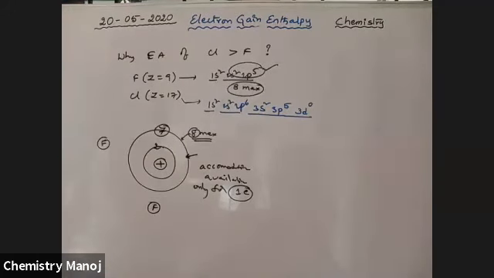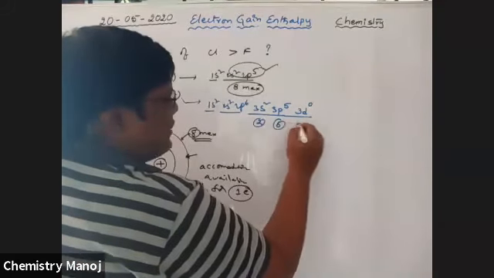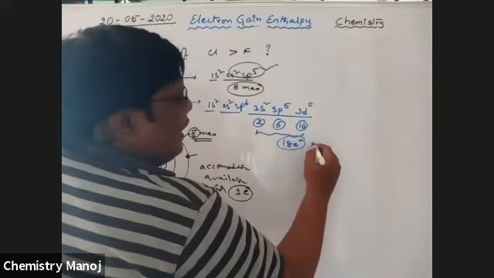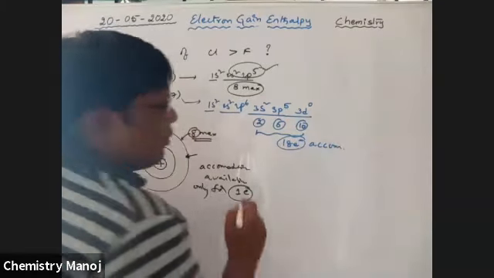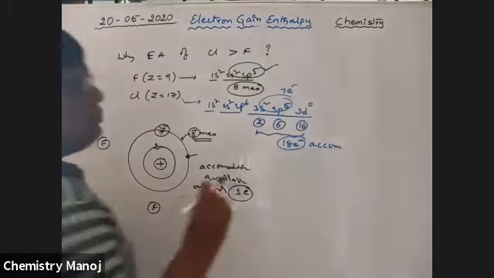That's why generally we don't write that, but here we consider it. Here maximum 2, here maximum 6, here maximum 10. Altogether 18 electrons accommodation is possible.